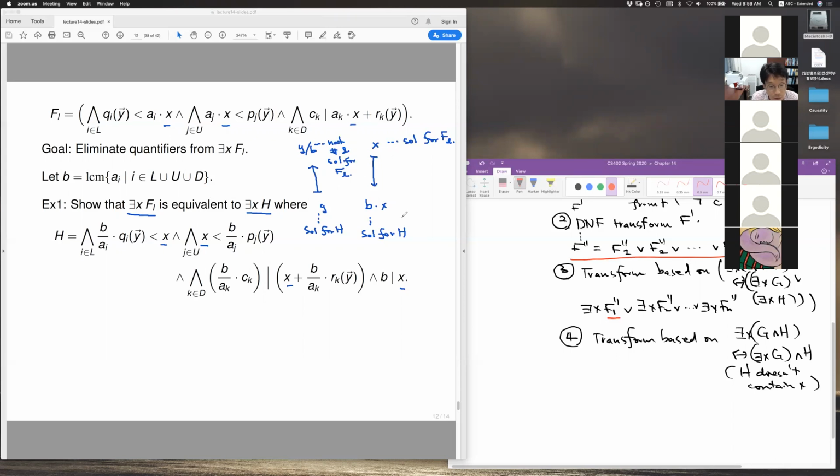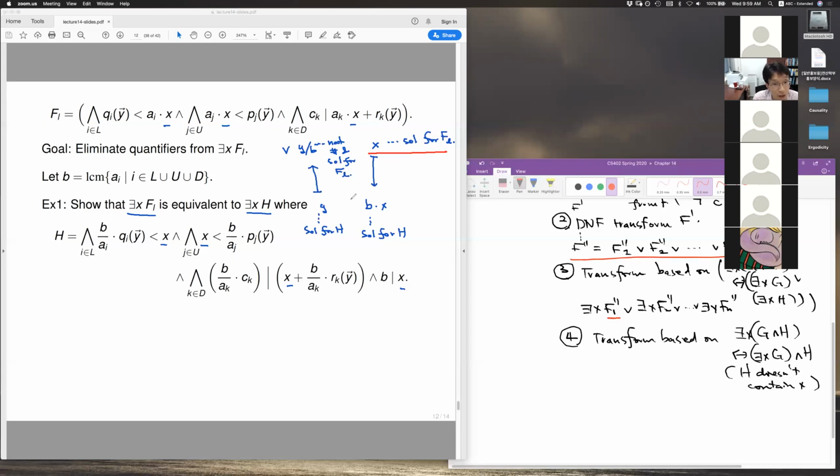And why this transformation is okay: for these transformations, the fact that I told you here, you can actually check quite easily, just by doing the transformation. So to see this implication, let's say X is a solution for FL.